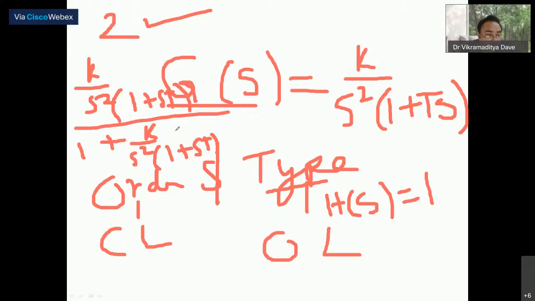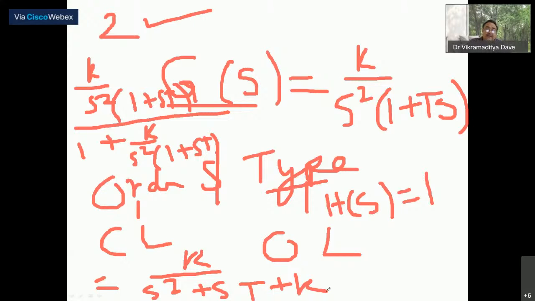H(s) is unity, so no problem. This whole denominator will cancel, and you are left with the closed loop transfer function K upon s squared plus s T plus K. So it is very clear that the highest degree in this closed loop transfer function is 2, hence order will be 2. So type is 2 and order is also 2.